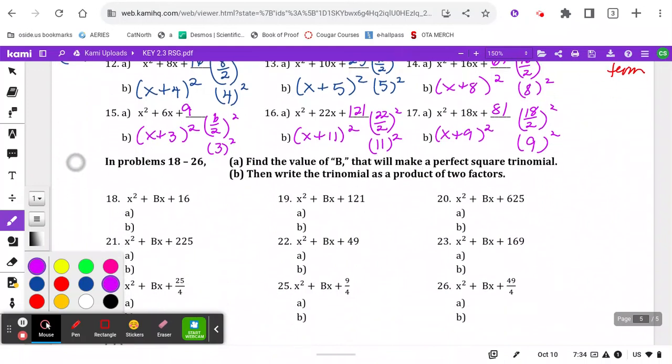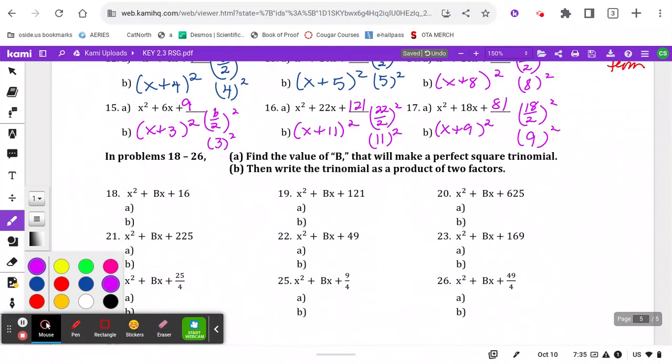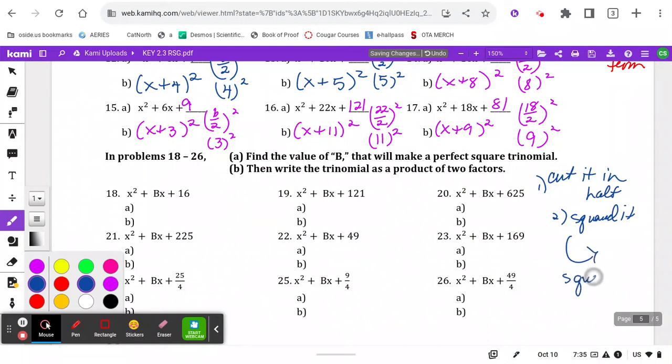Okay, now the next ones, we're going backwards of the steps we just did. If we cut it in half and then squared it, what would be the opposite of that? We would square root it and then double it.